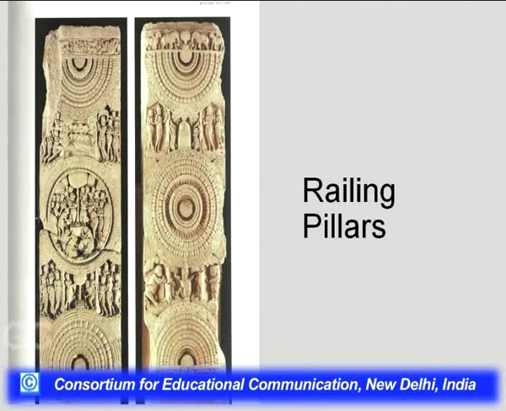You can see that the footprints of Buddha have been carved on the empty throne. Similarly, you can see that there are other trees being worshipped. These may be identified with Manushi Buddhas, each of whom has a tree.